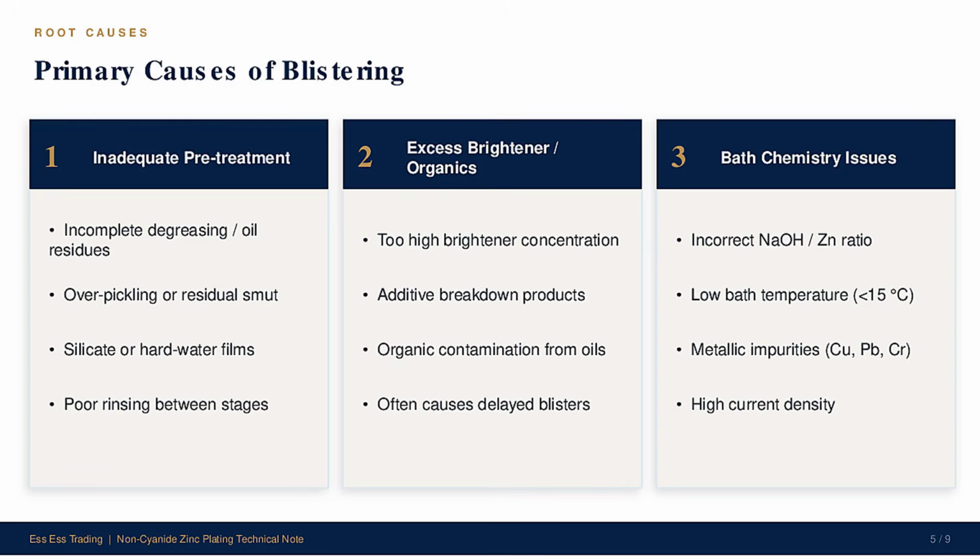Third, bath chemistry issues. Incorrect zinc to sodium hydroxide ratios, low temperatures below 15 degrees Celsius, metallic impurities such as copper or lead, and high current densities all contribute to blister formation. Understanding these causes helps us target the right corrective actions.